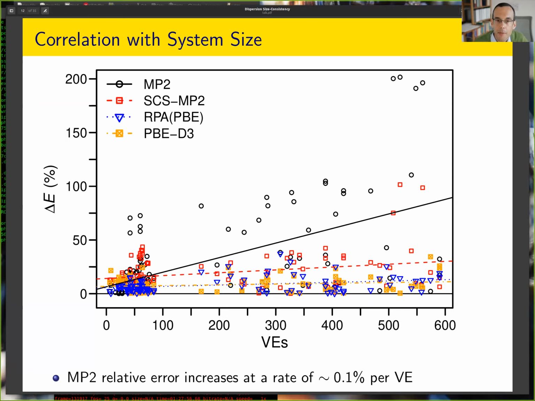You see that, well, for the dispersion corrected PBE and also for RPA, you're actually quite constant here, but for MP2, and to a lesser degree for some of the SCS-MP2 variants, the scaled MP2 variants, unfortunately, there is this linear increase of the relative error at a rate of around 0.1% per valence electron. Okay. And when I saw this, I could not understand it because my conventional quantum chemistry education is that MP2 is size consistent, right? Or at least size extensive. And so we'll get back to that later.